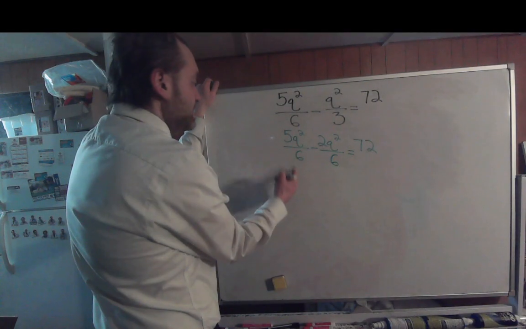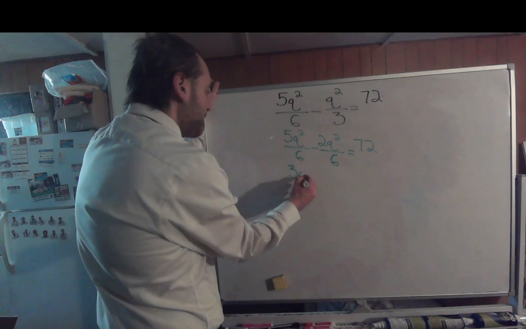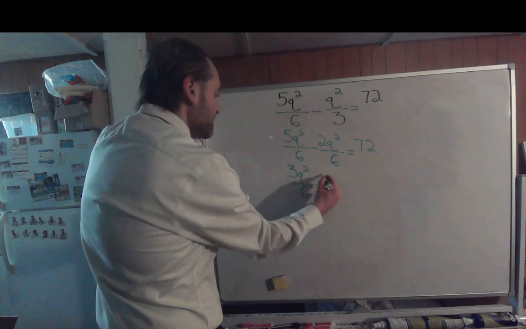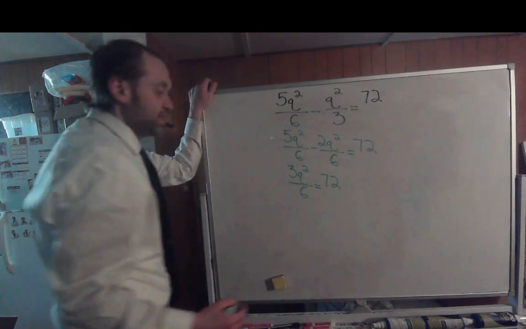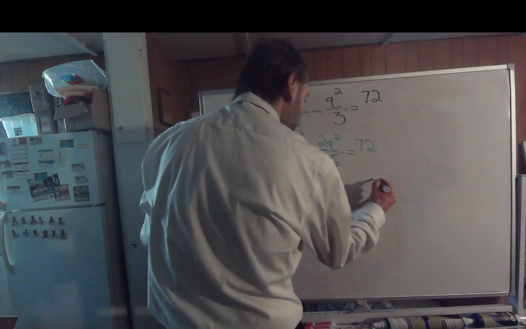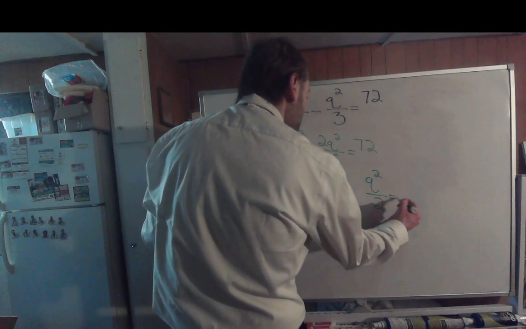So then you would end up having 3q squared over 6 equals 72. Now watch this. 3q squared over 6 would just turn into q squared over 2. Q squared over 2 would equal 72.